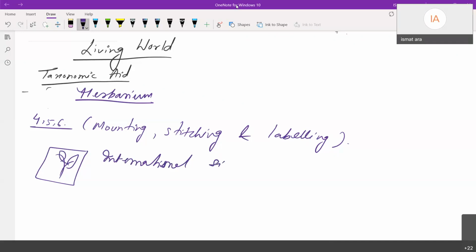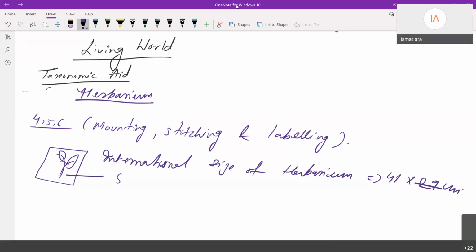International size of herbarium sheet: 41 into 29 centimeters. What things will be written on this herbarium? Let us see.